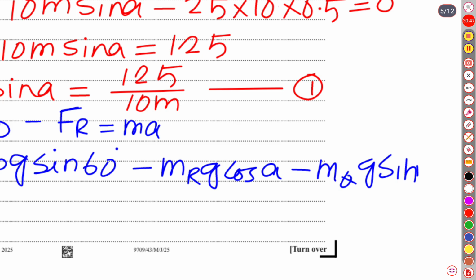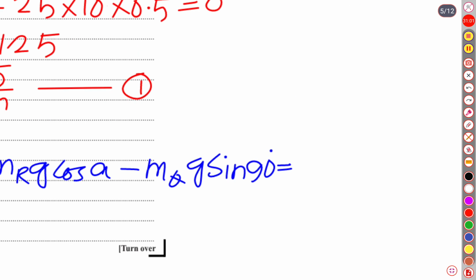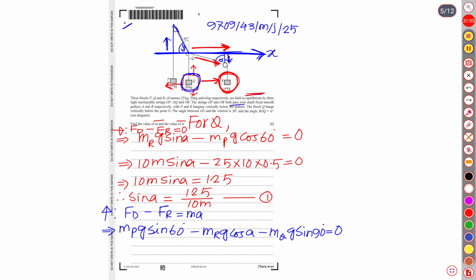I think you got my point. Sine 90 degree is equal to 0 because the system is in equilibrium. So these are the vertical forces.